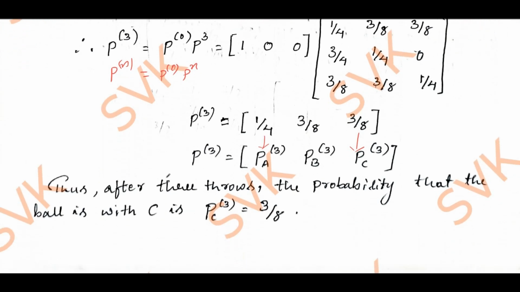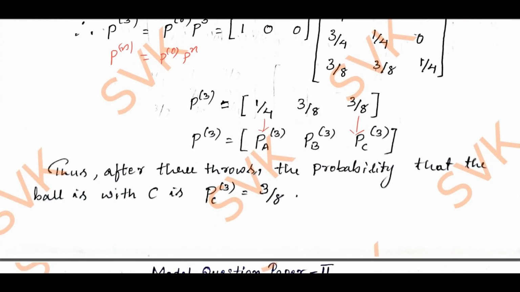Thus I can give the conclusion: after three throws, the probability that the ball is with C, PC3, is 3 by 8. This is how we can solve a Markov chain problem.